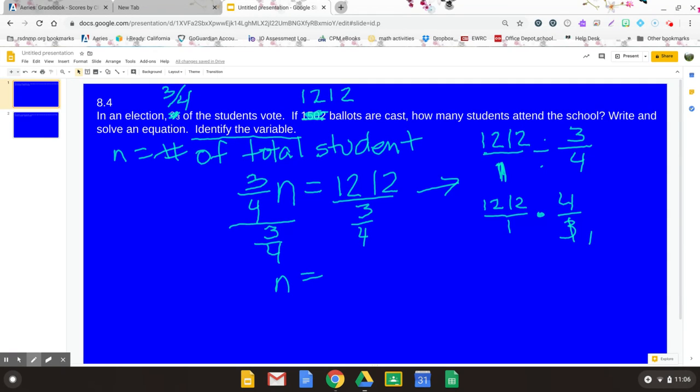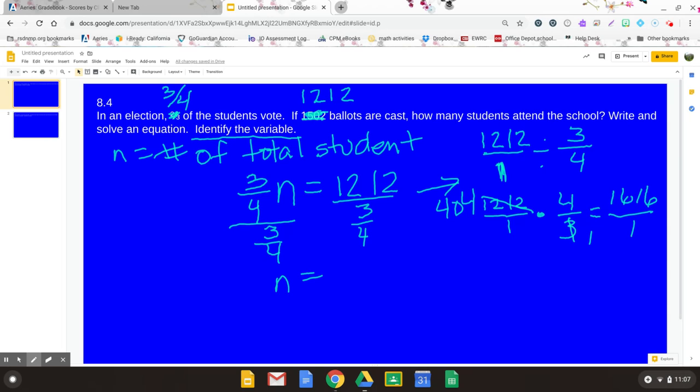3 goes into 3 once, and 3 goes into 1,212 404 times. So then I'm just going to multiply 404 times 4, and that equals 1,616 over 1.